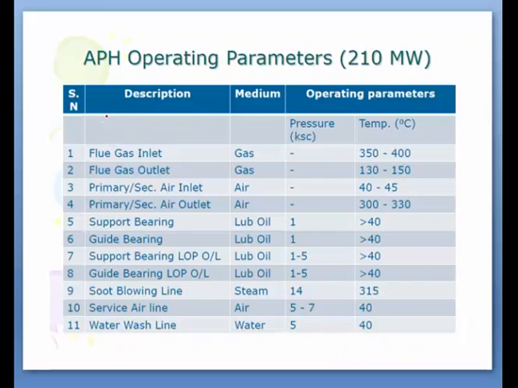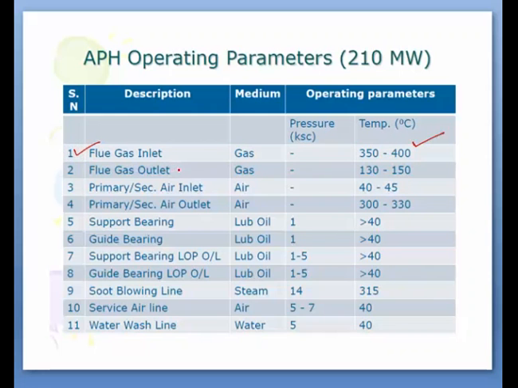So here we will see the operating parameters of air preheater for a 210 megawatt power plant. The first thing is flue gas inlet, the medium is gas, operating pressure is not that significant here. Mainly the temperature we have to see. It will be in a range of 350 to 400 degrees centigrade.